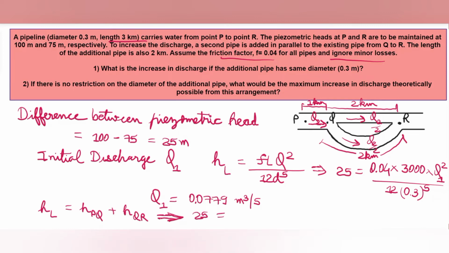Here I'll just write that 25 is equal to F LPQ Q2 square upon 12 d raised to 5. The diameter is the same, which is 0.3 meter, plus F LQR into Q2 by 2 whole square upon 12 d raised to 5.